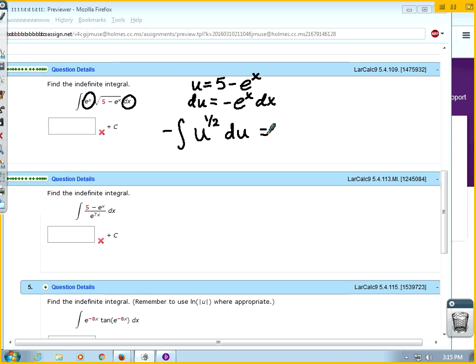All right, so use your power rule. Add 1 to the 1/2, which would give us 3/2, divided by 3/2 or multiplied by the reciprocal. So negative 2/3 u to the 3/2 plus c. So negative 2/3 times 5 minus e to the x to the 3/2 plus c.